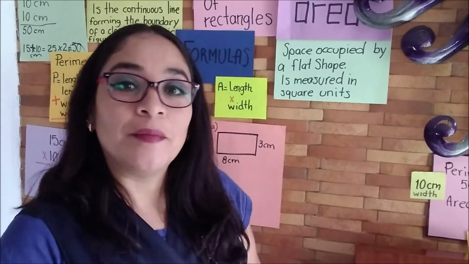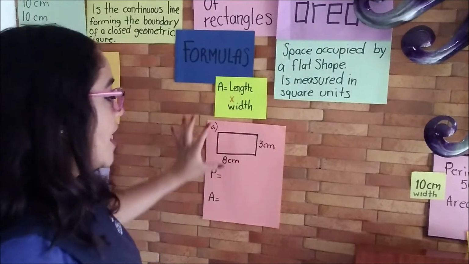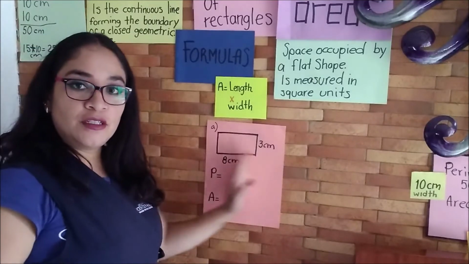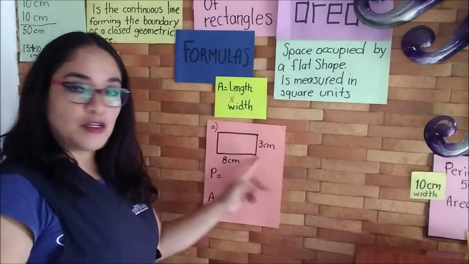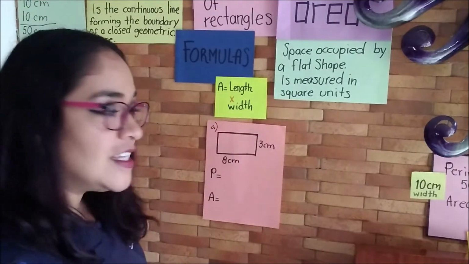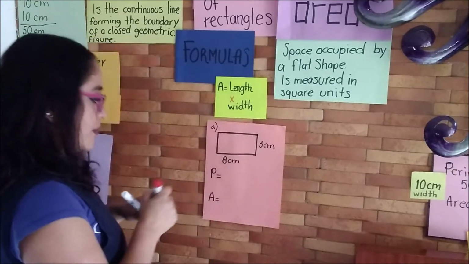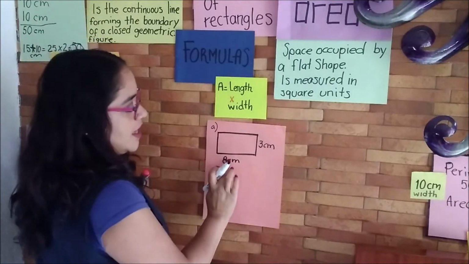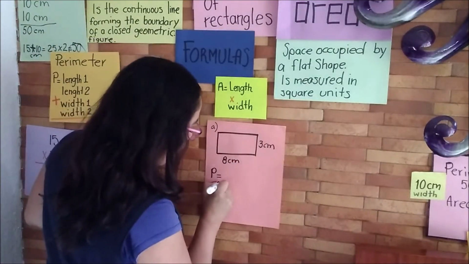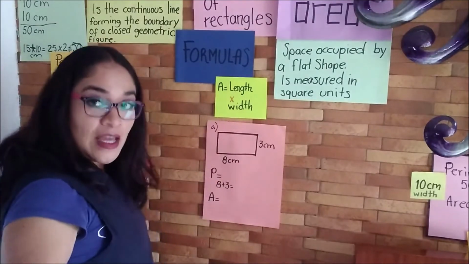All right? Well, for the exercise A, we have a rectangle that measures 8 centimeters and 3 centimeters, length and width, right? For the perimeter, do you remember, since it has the T for addition, perimeter, well, we have to add 8 plus 3 equals 11.